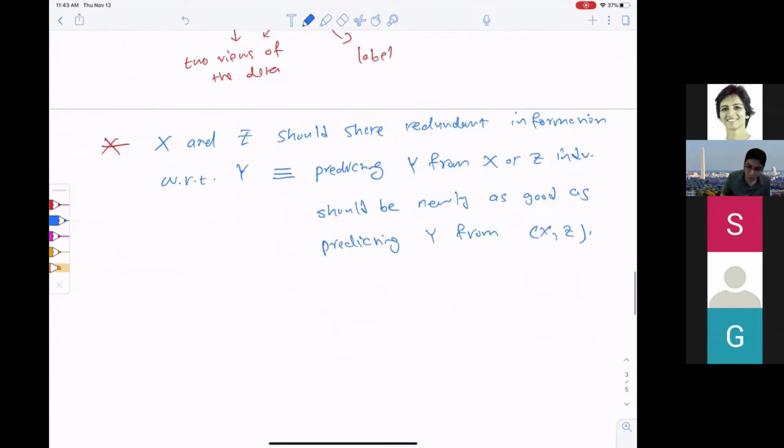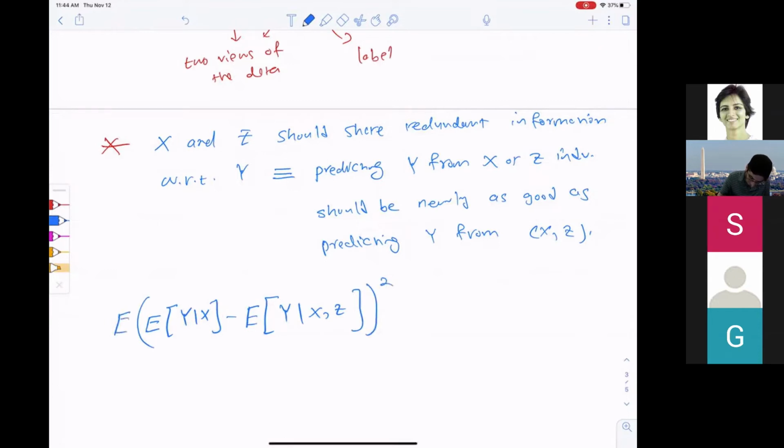So if you want to quantify this, you can think about, okay, what is the predictor of Y given X and Z? So that's the joint predictor. It can be a nonlinear function, pretty complex function, doesn't matter. And let's look at an individual predictor of Y from an individual X. We are not using Z in that case, and that would be the error that we get.